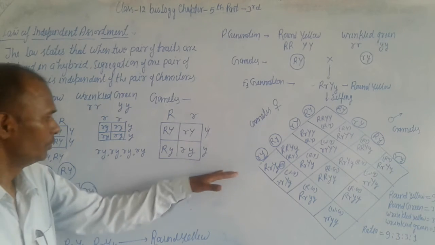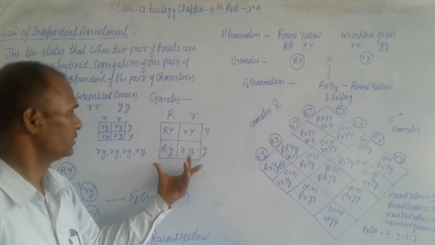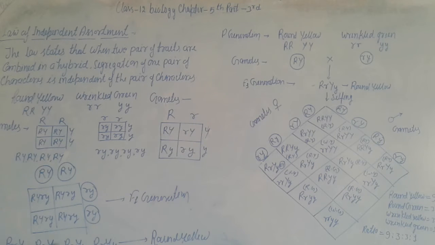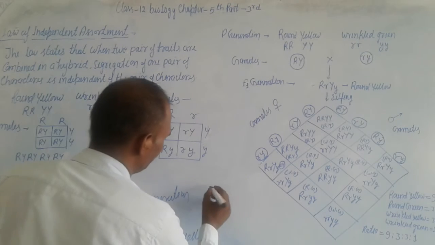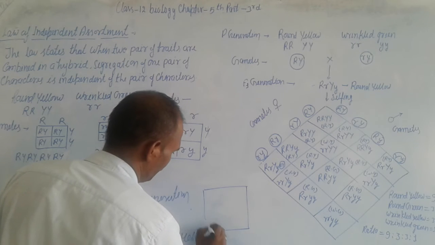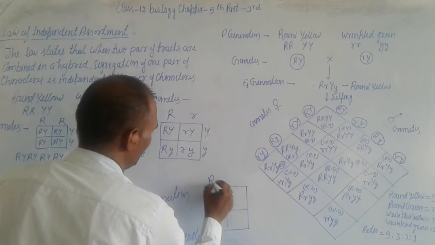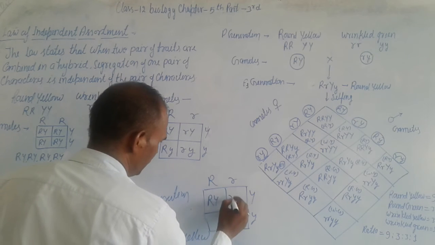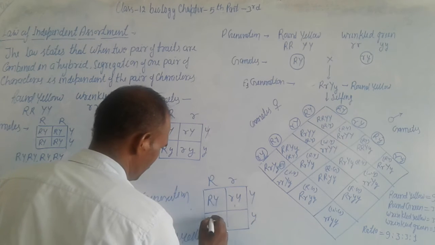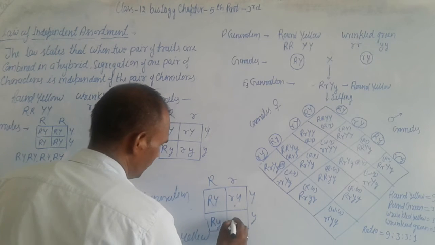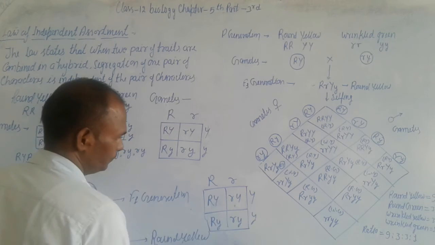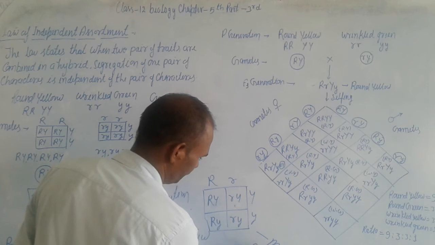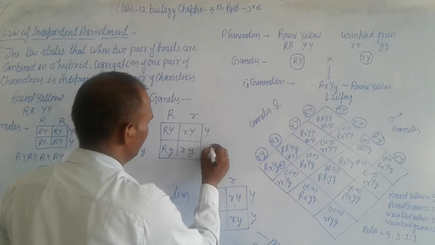We found the male gametes and also make the other, female gametes with the same combinations: RY, Ry, rY and ry.